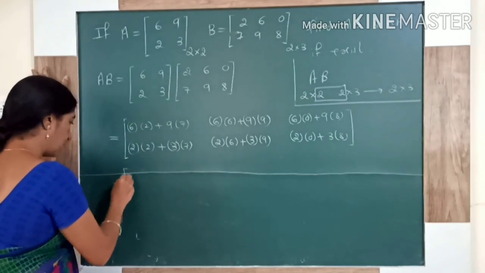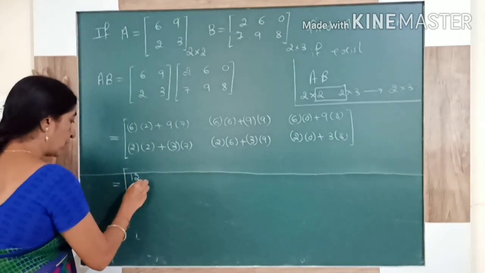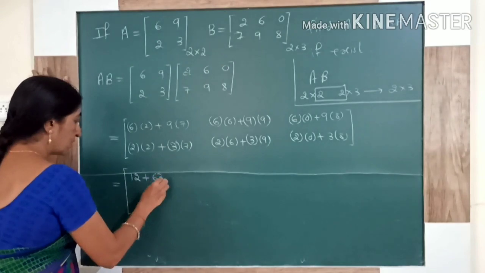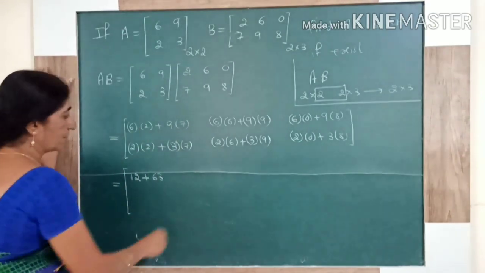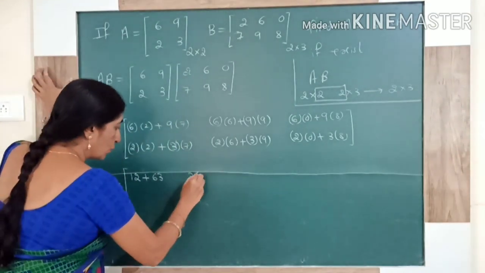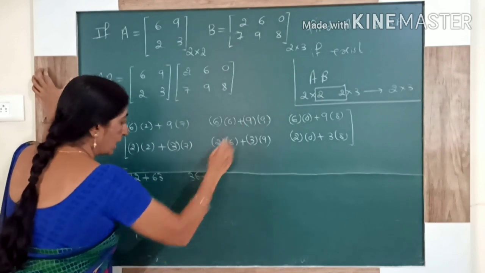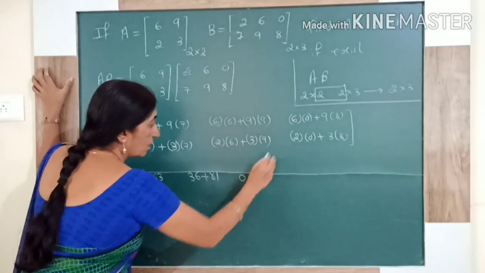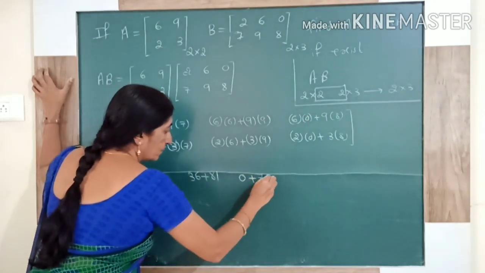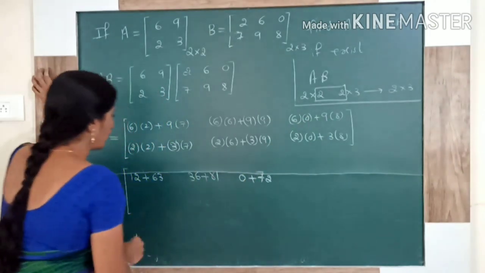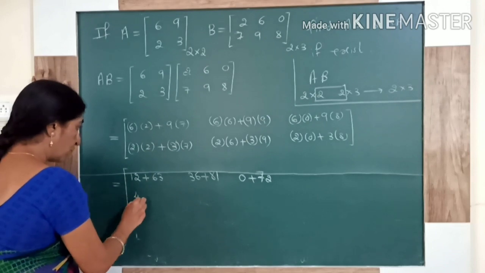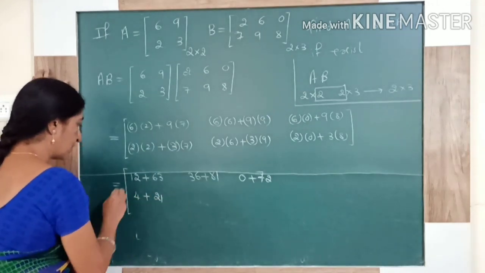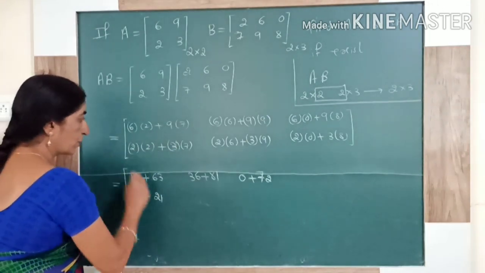Now simplify this. This is 12 plus 9 into 7, 63. Then 6 into 6, 36 plus 9 into 9, 81. Then 0 plus 9 into 8, 72. Then next 4 plus 21. 2 into 2, 7 into 3.